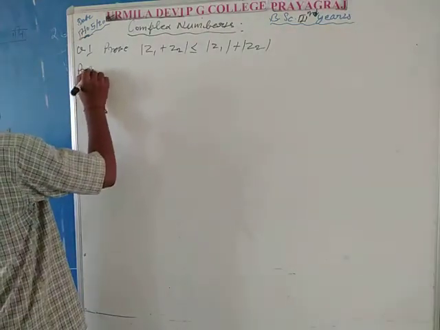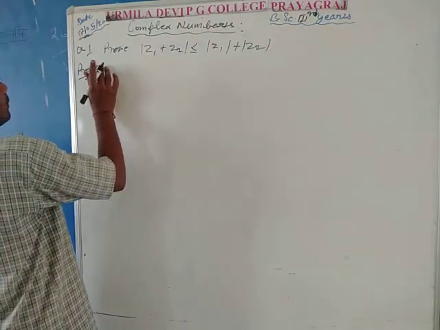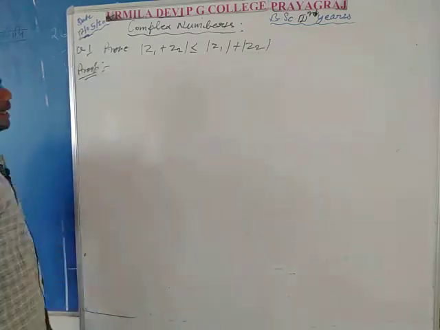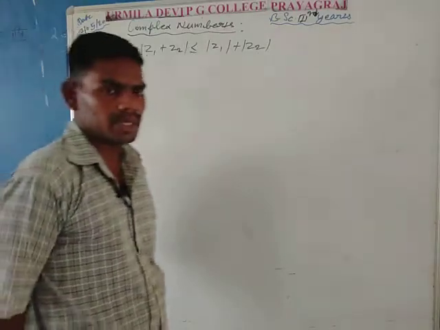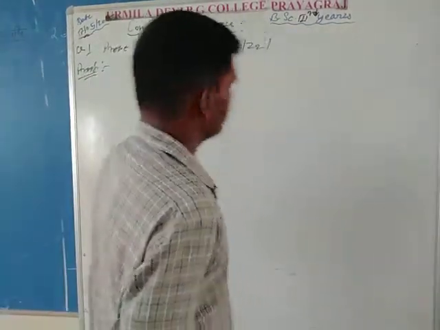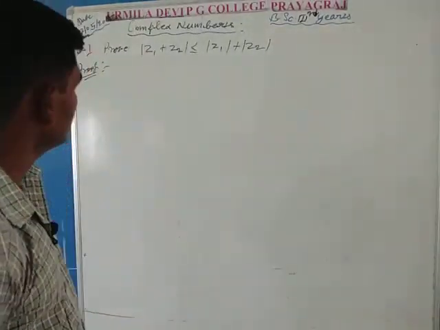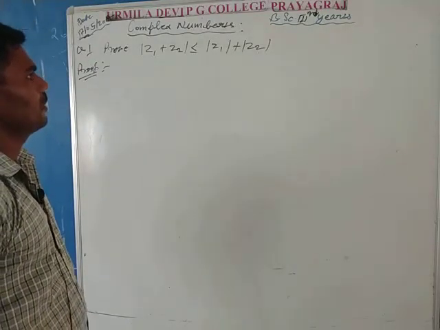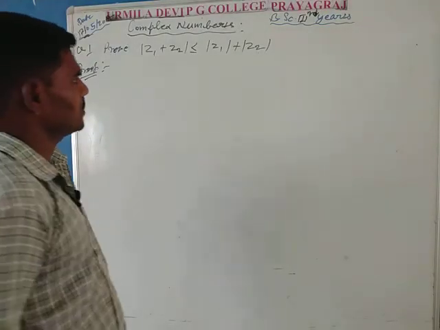Proof: here Z1 and Z2 are two complex numbers. Our aim is to show that mod of Z1 plus Z2 is less than or equal to mod of Z1 plus mod of Z2.